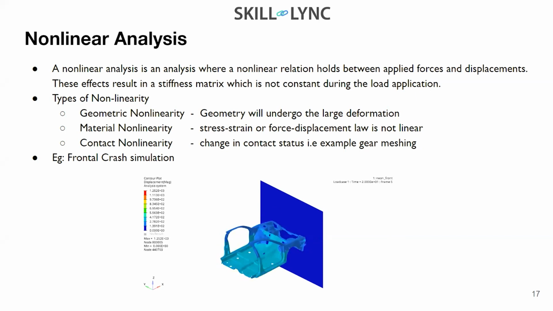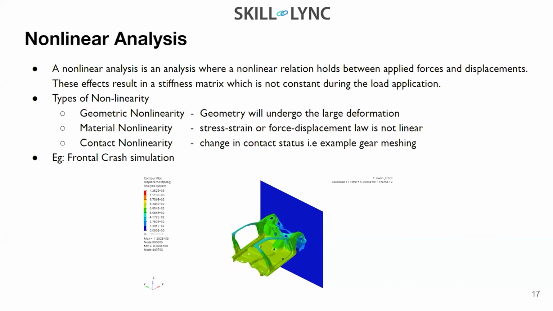If the force versus displacement plot is not a straight line, there will be a stiffness, F equals minus kx. That stiffness provides resistance to the deformation. In finite element analysis, if that plot is not a straight line, each and every element will have different stiffnesses.